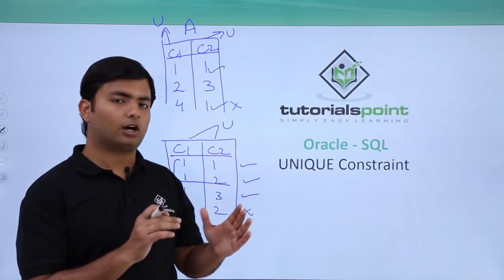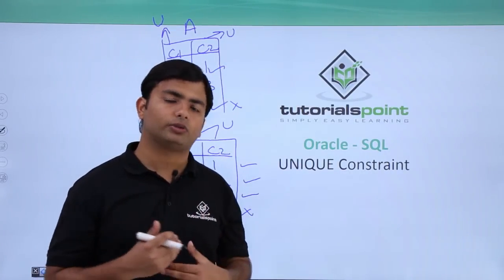Let's see how we can start working with the unique constraint practically. To add a unique constraint while creating a new table, the syntax is straightforward. The create table syntax remains the same: create table sample2, and after that put the parenthesis to start the column description. Let's say I have a column col1 with data type number, and then the constraint description.